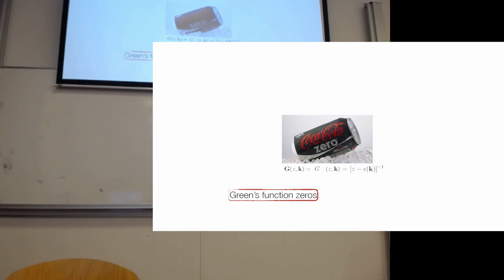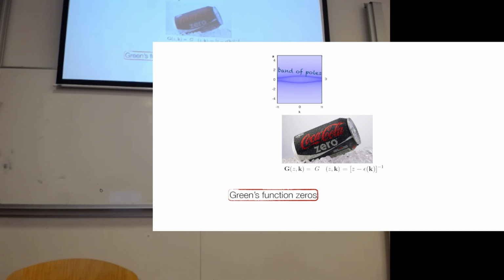So in a non-interacting system, it's just a resolvent of the Hamiltonian, for example, for a single band this is just (z minus epsilon of k) inverse. And of course, what we study is the poles of these Green's functions. For example, here you see the spectral weight, the imaginary part, let's say of the retarded Green's function. And whenever this is lit up, that means that you have an excitation that corresponds to a pole.